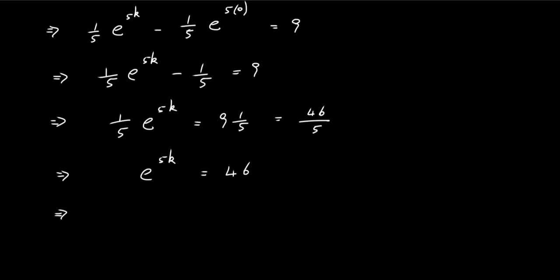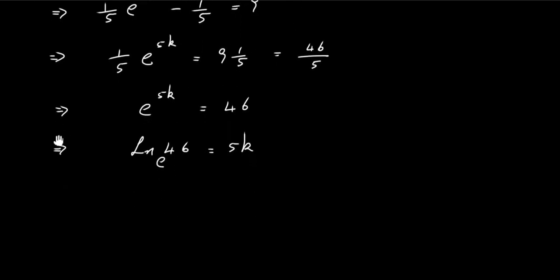Okay, we're almost there. I'm going to change this from index form to log form. I'm going to use natural log. So it's the log of 46 is equal to 5k. e to the power of 5k will give me 46. So next, we've got to write our answer in the form log of something over something.